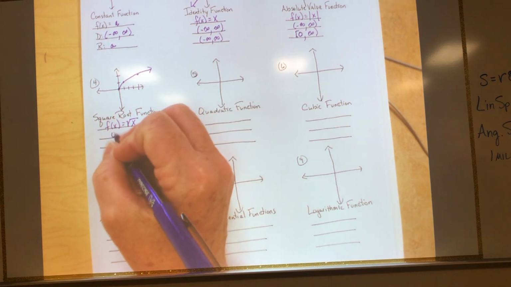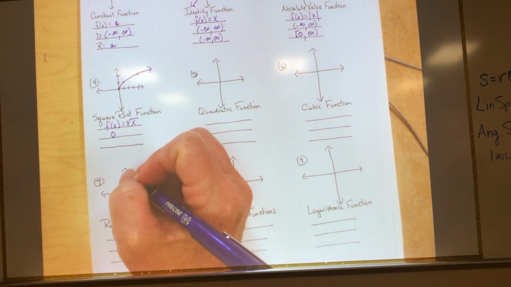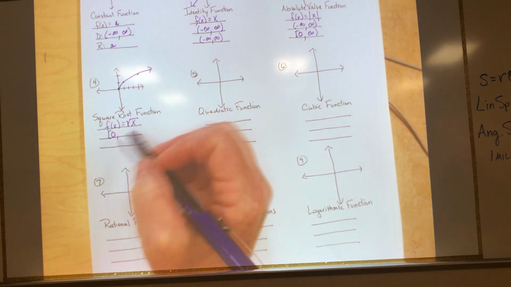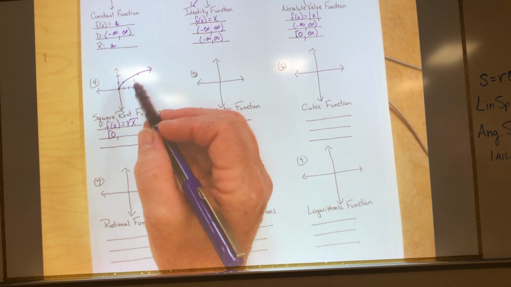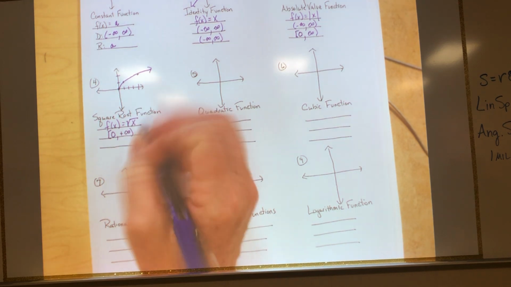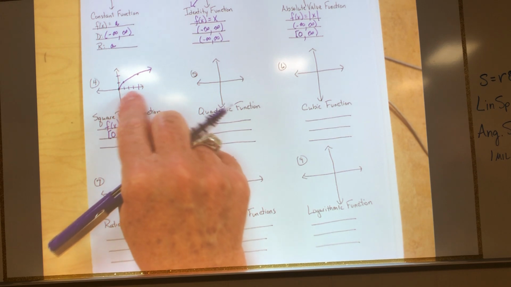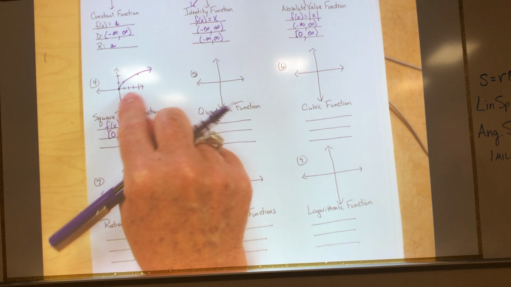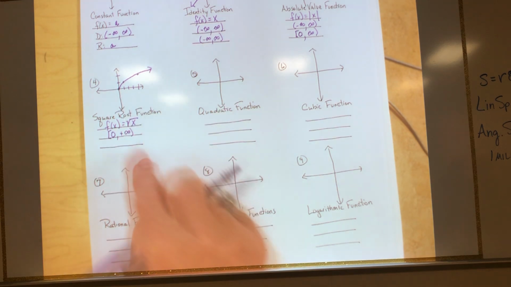Is the 0 included or excluded? Included. We took the square root of 0, okay? And it goes all the way to what? Positive infinity. Because we can take the square root of 2 and 3, but they're decimals, so we're like, nah, I don't want to do that.